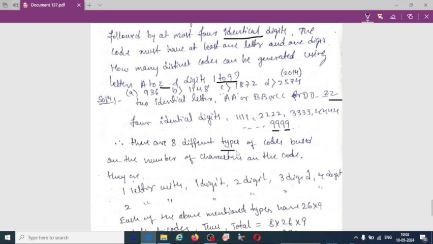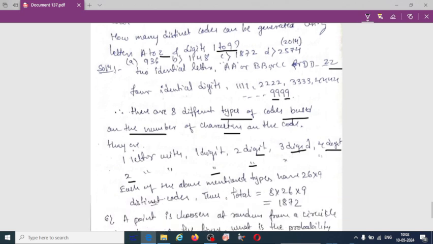There are 8 different types of codes based on the number of characters in the code. So they are 1 letter with 1 digit, 1 letter with 2 digits, 1 letter with 3 digits, 1 letter with 4 digits, 2 letters with 1 digit, 2 letters with 2 digits, 2 letters with 3 digits, 4 digits.